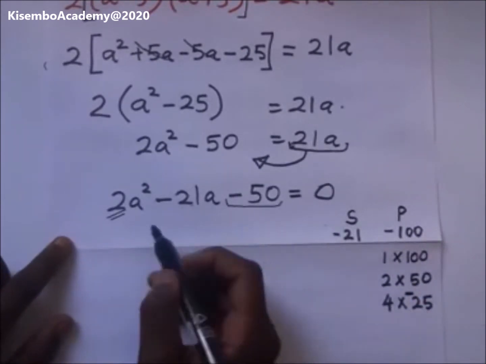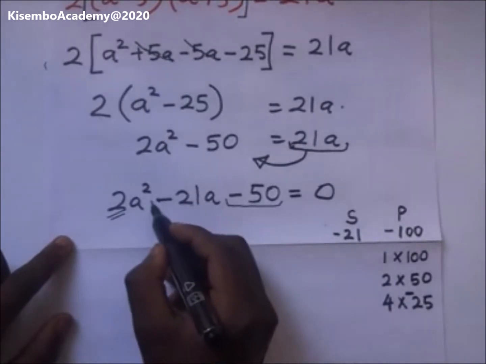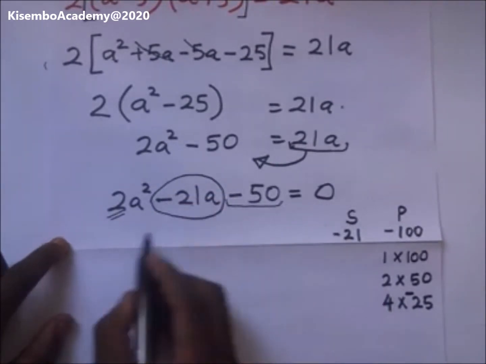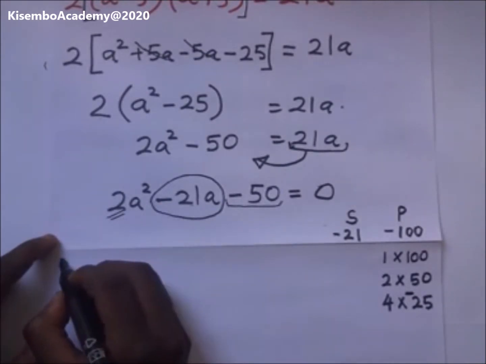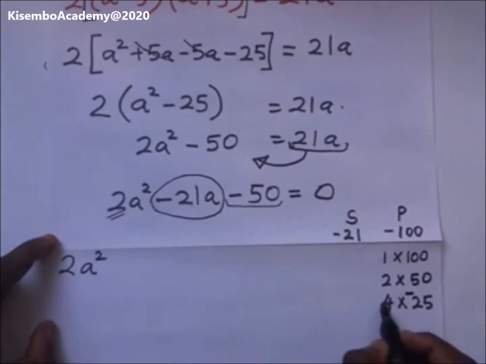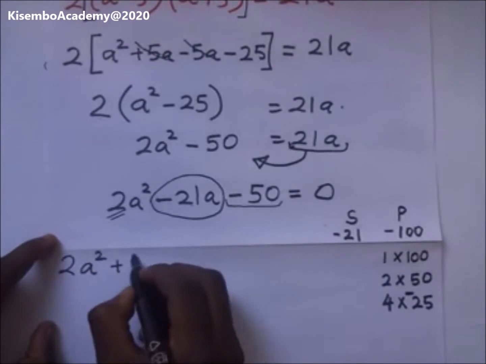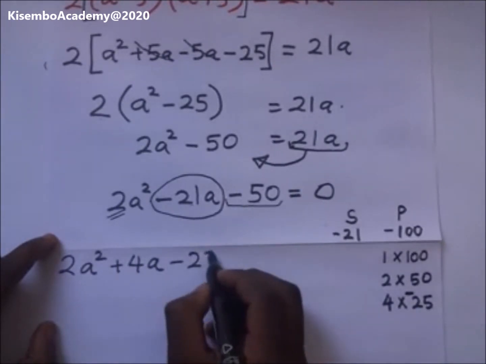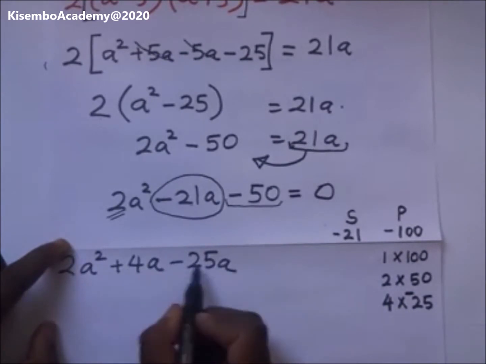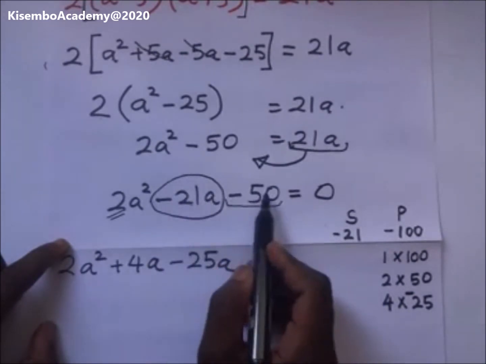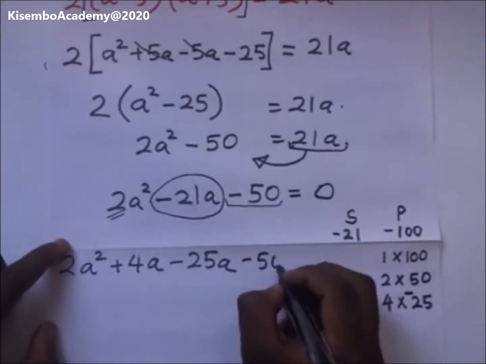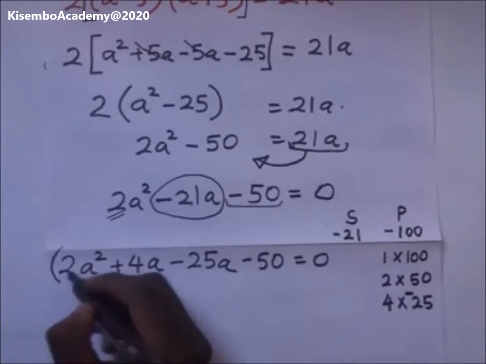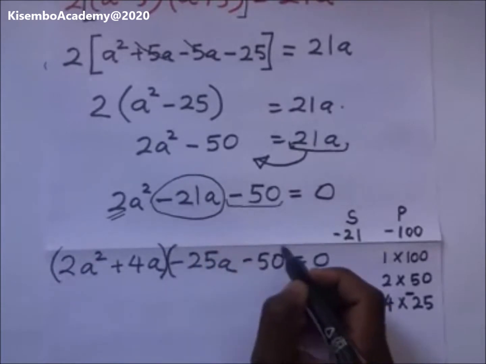We will use these two to displace this middle term. So our next step will be 2a squared plus 4a minus 25a, now this serves to displace that, then minus 50 is equal to 0. So we go ahead and factorize, put these into brackets, these ones also into brackets.